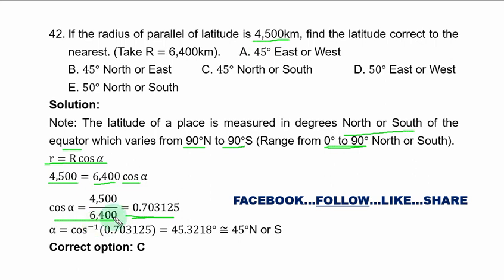To get alpha, you take the inverse of cosine of this value, and that is 45.3218 degrees. To the nearest degree, you have 45 degrees north or south. C is the correct option.